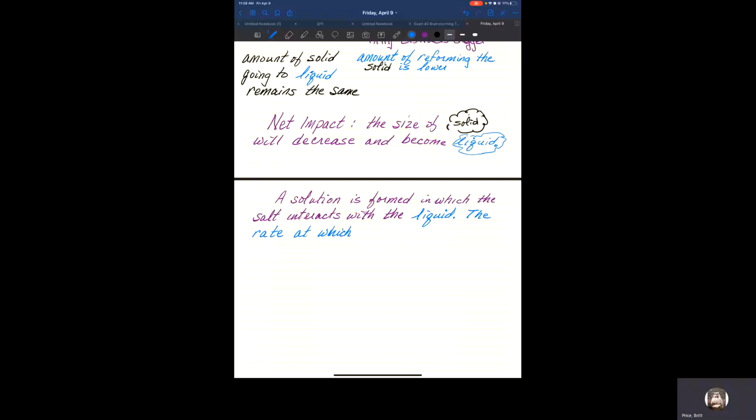So the rate at which the liquid forms the solid decreases.